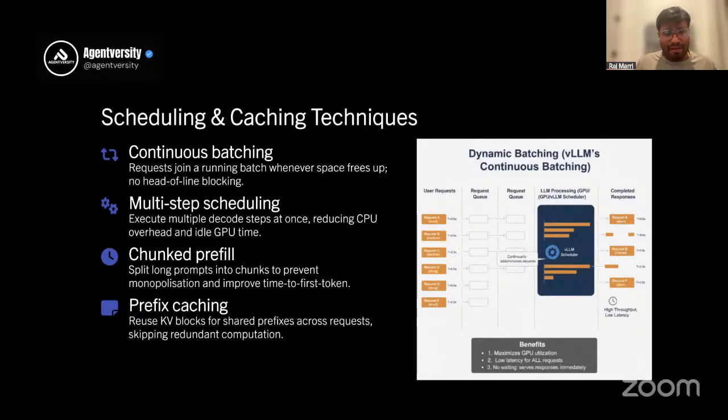How that happens is, if you go and look under the hood, there's a vLLM scheduler and a lot of paged attention blocks. You use them to manage the GPU's resources efficiently. If you want to read more about it, I'll share the blog. There's also chunked prefill.